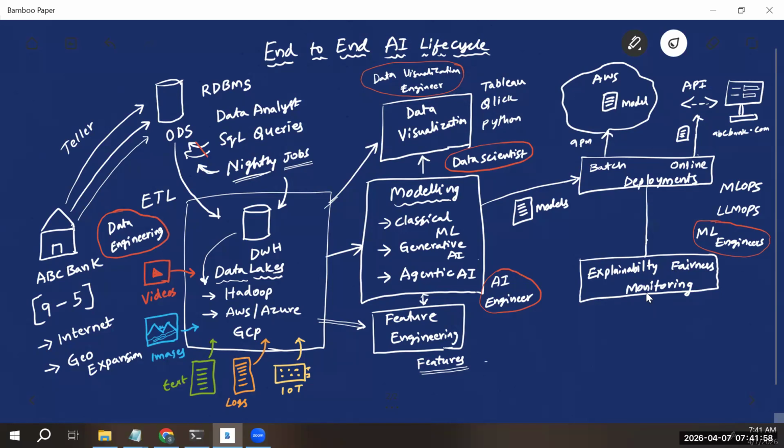There are certain metrics you need to track. We will understand all those metrics, but there are some metrics with respect to classical machine learning. There are metrics with respect to LLM monitoring, drift detection, hallucinations, proximity, and different kinds of tracking we need to do to ensure that the models are running properly in production.